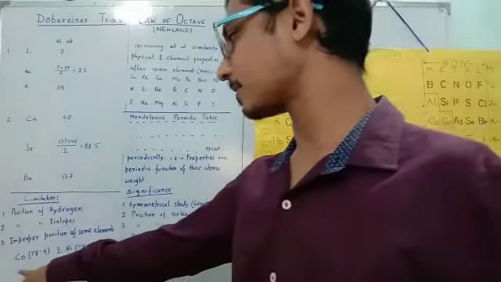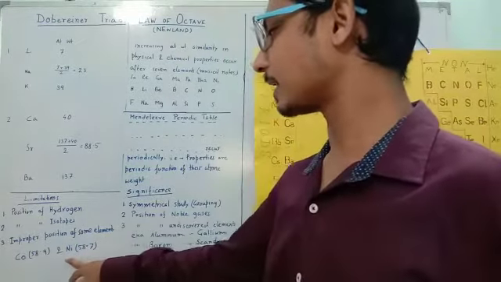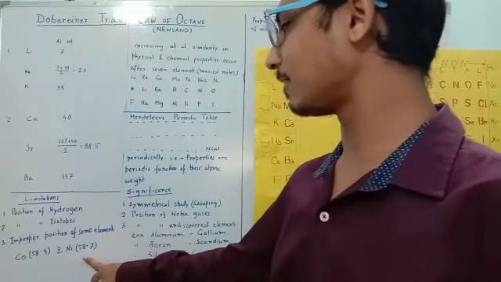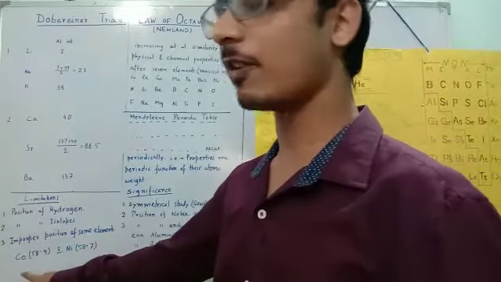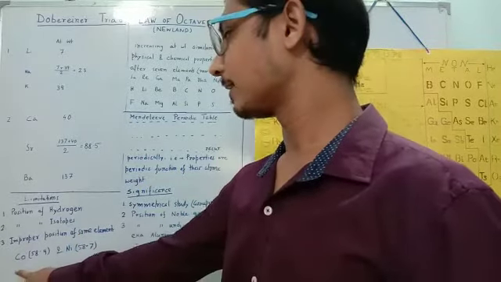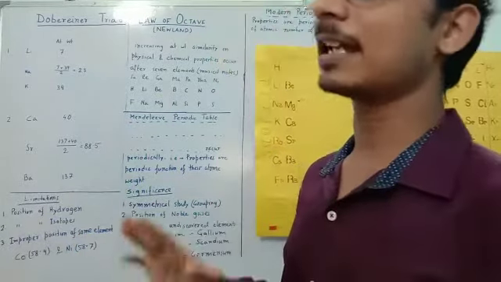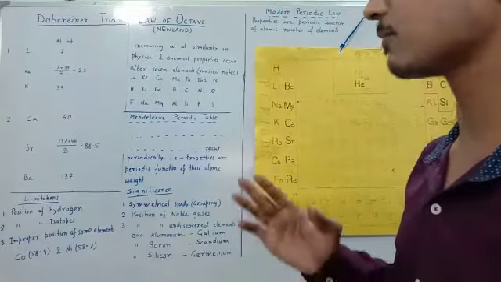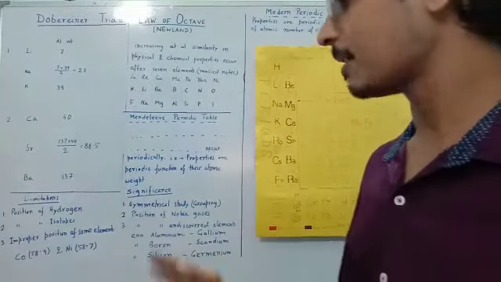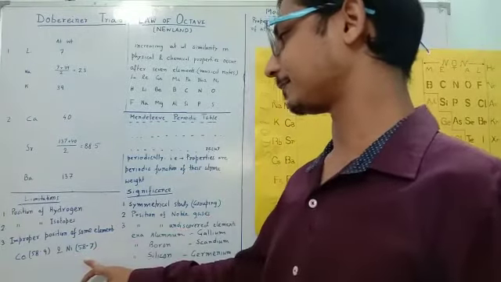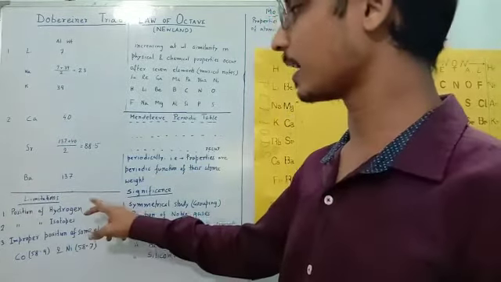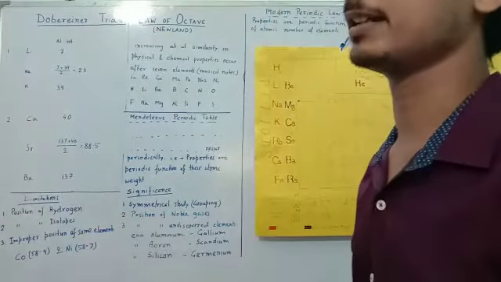Such an example is cobalt and nickel. Although nickel has the lower atomic weight, 58.7, so nickel has to come first before cobalt. But to maintain the similarities between physical and chemical properties, Mendeleev arranged cobalt first, then nickel. This is one of the major limitations of the Mendeleev periodic table.